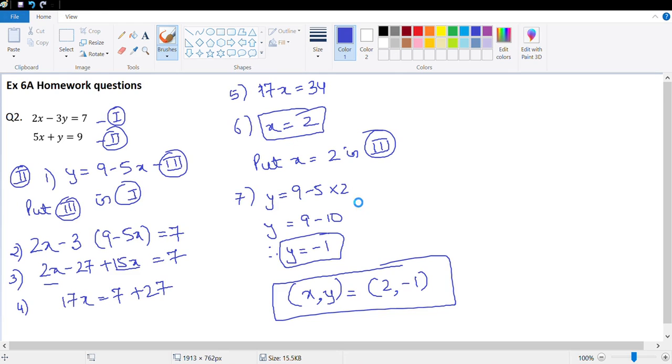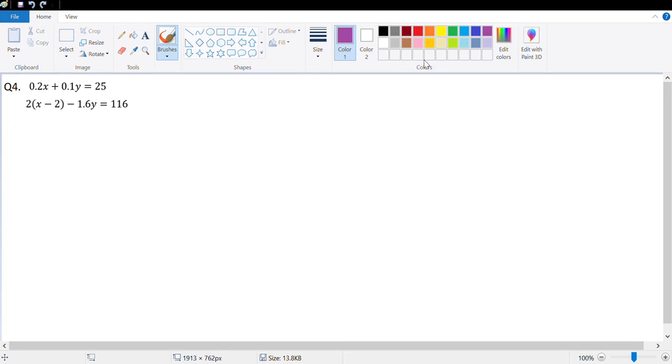The next homework question was question number 4. So question number 4 says 0.2x plus 0.1y. Well, I don't like to work with decimal figures, so let's multiply this with 10. So what we get is 2x plus y is equal to 250. Right, 2x plus y is 250.